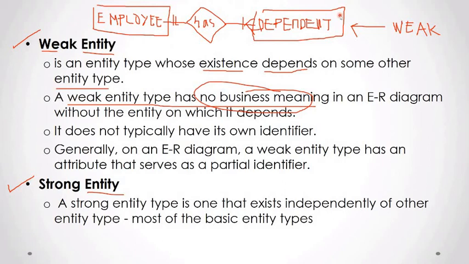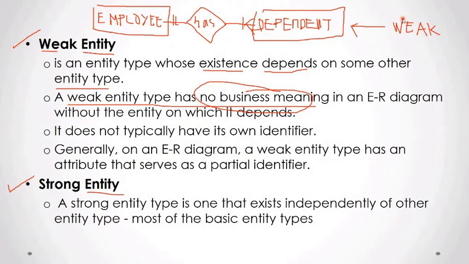The answer is none. So since there's no importance or this entity is not relevant anymore, if we are going to remove employee, then we can say that dependent is a weak entity.